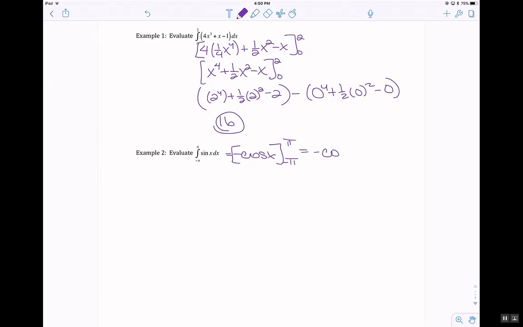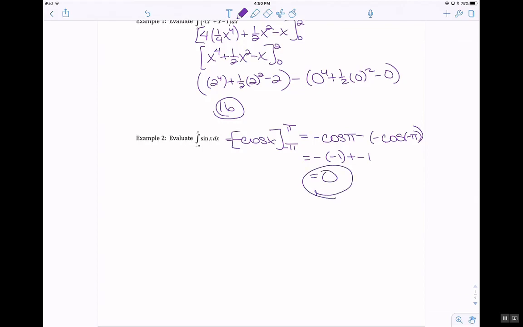So then this is negative cosine of pi minus negative cosine of negative pi, and then cosine of pi is -1, and then this is plus cosine of negative pi, which is -1, so I get 0. Because that's 1 minus 1.